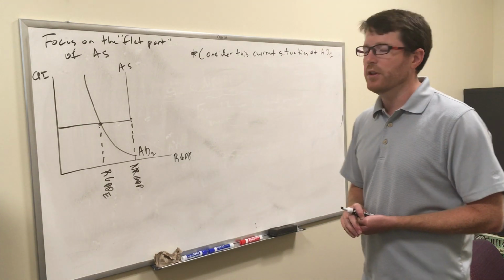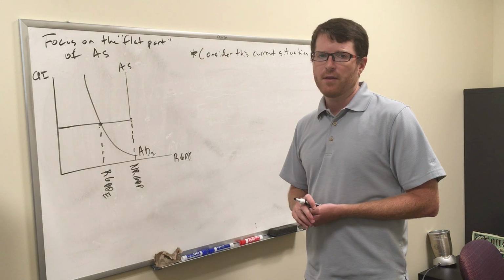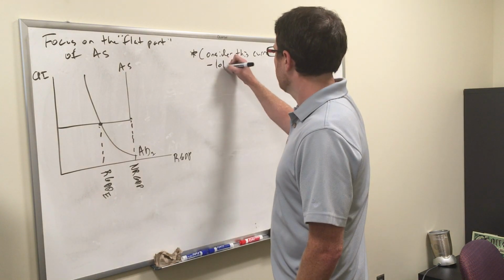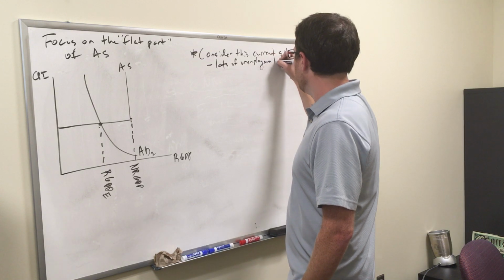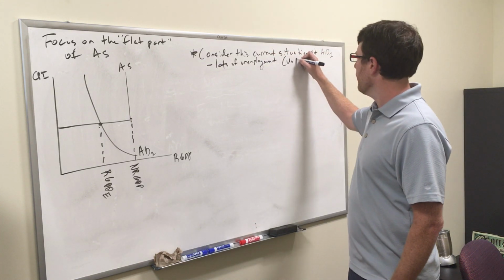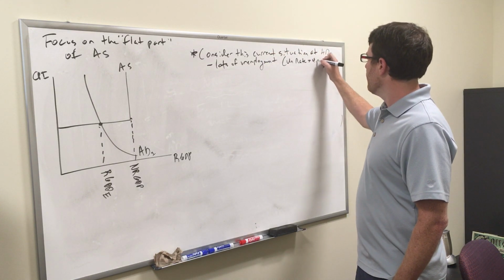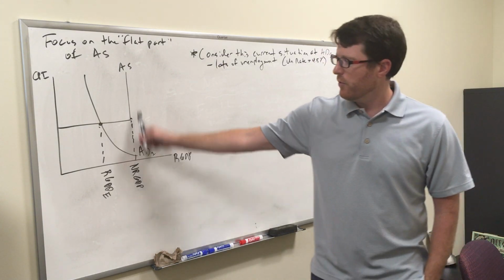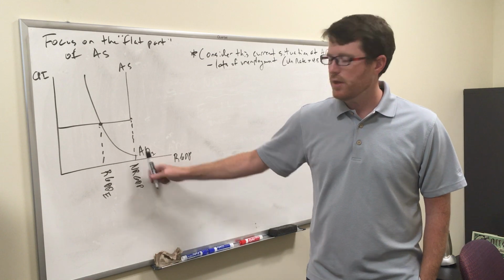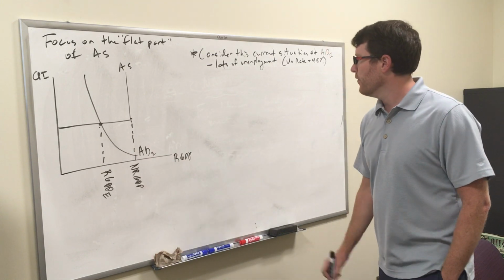We can assume that there's a lot of unemployment, okay? Lots of unemployment. Specifically, the unemployment rate must be more than 4.5%, more than the natural. If we're at the natural, then we would be equal to the natural real GDP. So there's lots of unemployment.